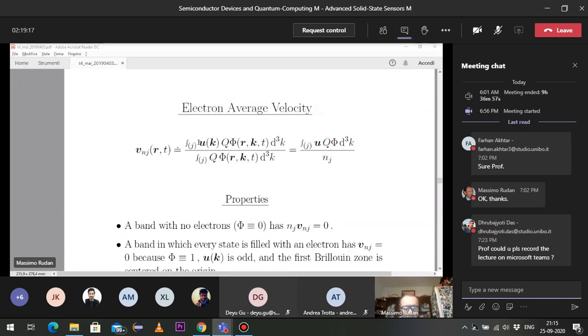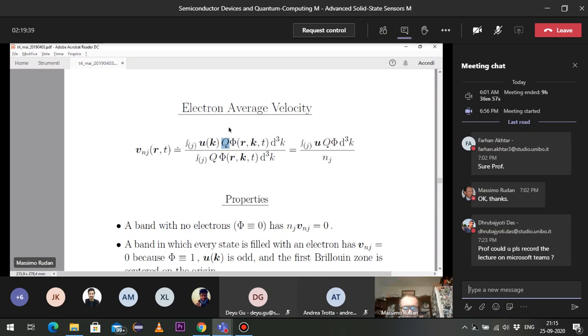Then we take this velocity, that is the velocity of the individual electron, we multiply by the combined density of states, then we multiply by the probability phi. We integrate over the band and we divide by the other integral.